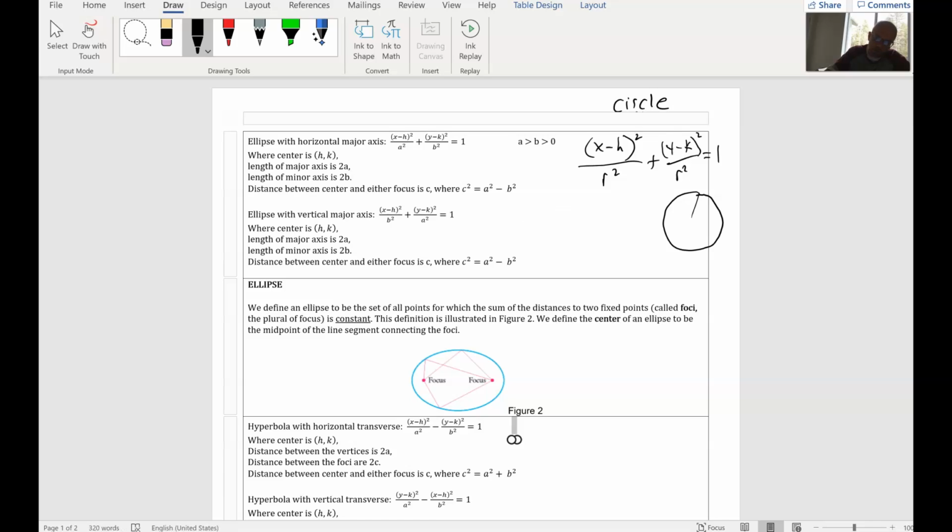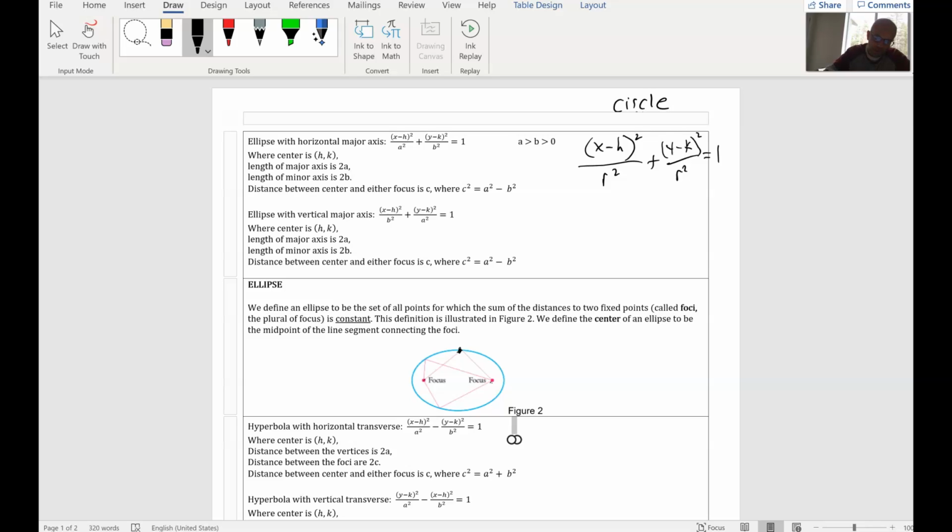Well, here's a picture down here. Actually, what an ellipse is, if you pick any point on the ellipse, there are 2 points called the focus points, which we'll get into in a little bit. If you take the distance from this focus point to the given point and the distance from the other focus point to the given point and add them together, that distance will always be the same.